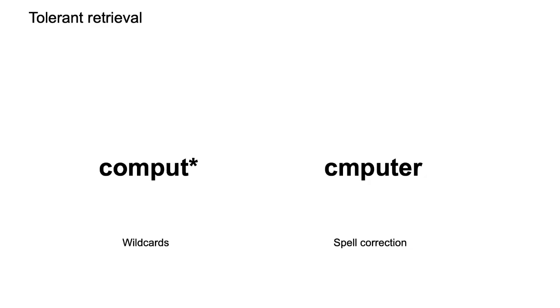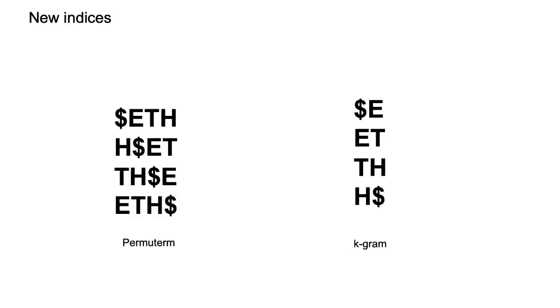We even have several ways of computing wildcard queries, with the permuterm index, with the k-grams, for example. And now we can do spell correction with the k-grams, with the edit distance, with soundex, and with the Jaccard coefficient. So you have four different building blocks for spelling correction.